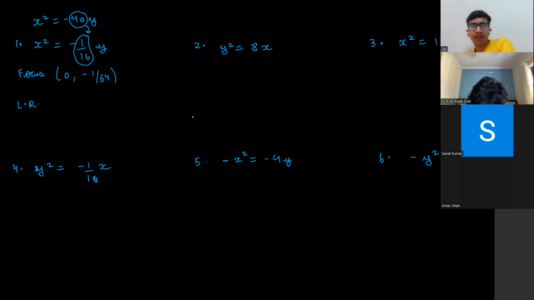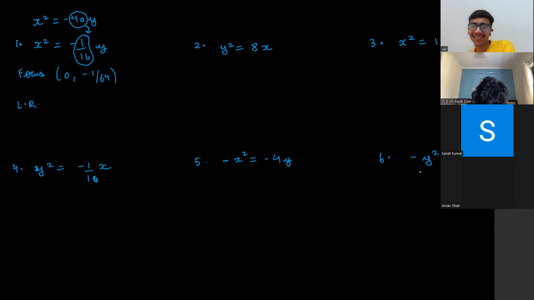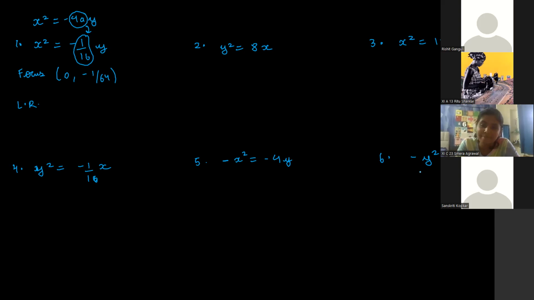Yep, and everybody can see your number as per the alphabetical order. Sir, won't we be first on our list according to the alphabetical order on Zoom? Yeah, that's why I said you do it.